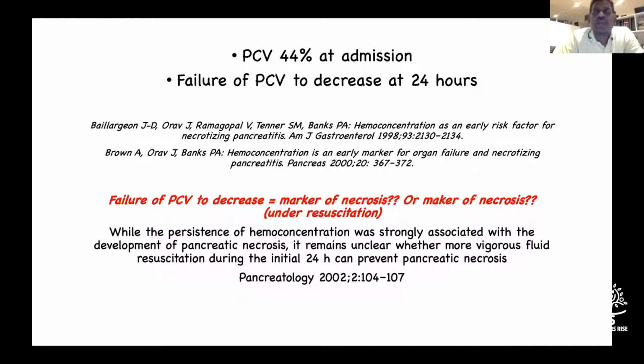But just because you give vigorous fluid correction to correct this number does not mean that we can prevent pancreatic necrosis. That is a question we have not understood or answered even now. This paper was originally written in Pancreatology in 2002. It is 18 years since the time of the paper, and our understanding of fluids in acute pancreatitis has not improved much.